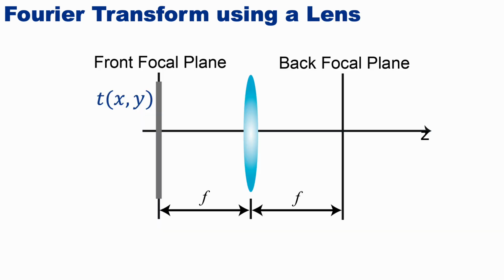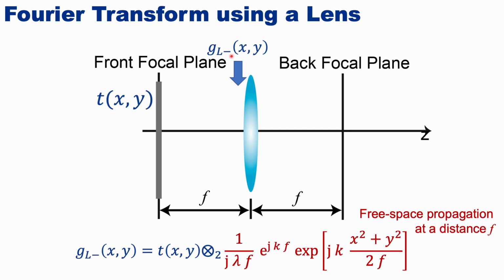All right, so let's do the process together. So let's assume that we have a lens, right? And we have the front focal plane and the back focal plane, both of them separated by a distance f, right? And in the front focal plane, we have an object with transmittance t. We want to know what we have just right before the lens.